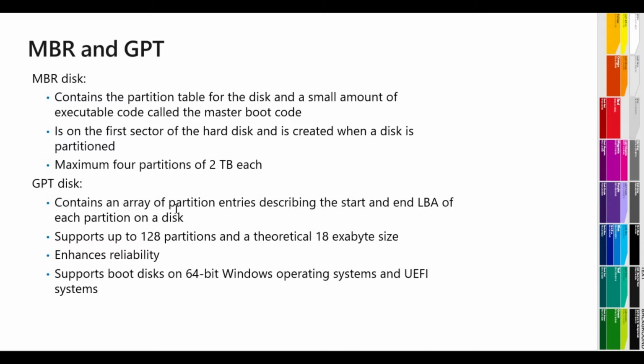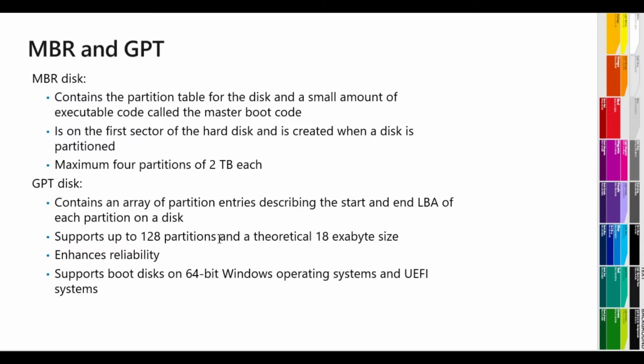It contains an array of partition entries describing the start and end of each partition on a disk. So it supports up to 128 partitions and a theoretical 18 exabyte size. This is too big, they're just saying that if you need more partitions, you can use GPT.